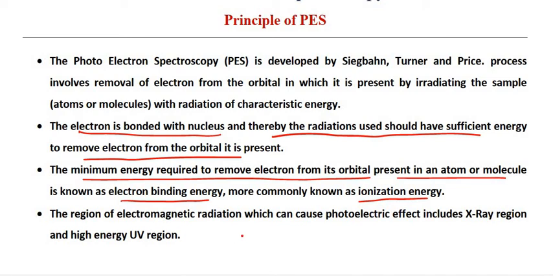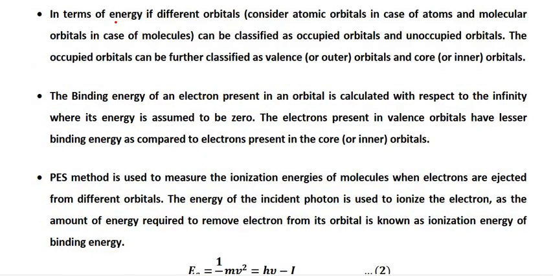To remove electrons from their orbitals, in case of atoms or molecules, we require two types of radiations. These are X-ray radiations and high energy UV radiation. Then, in terms of energy, orbitals can be classified as occupied orbitals and unoccupied orbitals, and the occupied orbitals are further classified as valence orbitals or outer orbitals and core orbitals or inner orbitals.